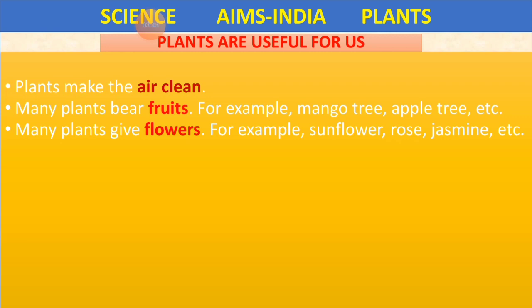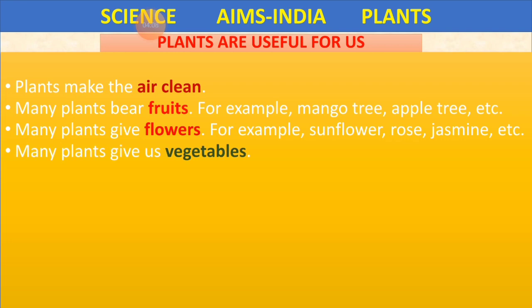We get perfumes and oil. We can decorate happy occasions like weddings and birthdays. We also worship the gods with flowers, like sunflower, rose, jasmine, etc. We have so many flowers.